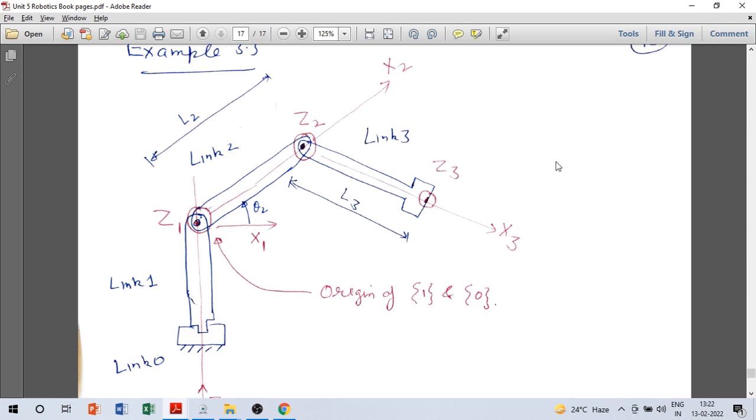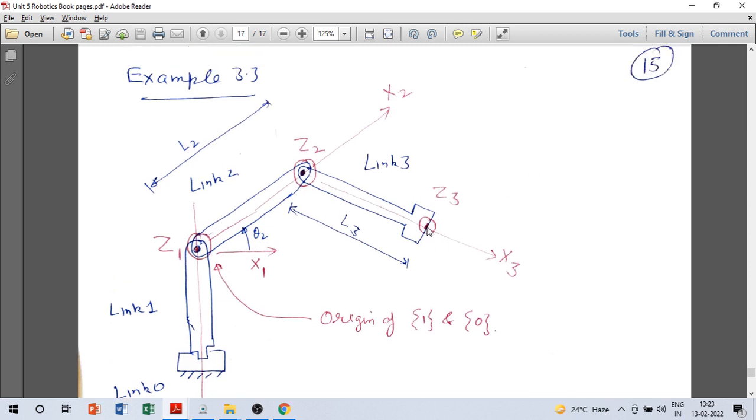Now we look at the last frame and first frame. For the last frame, first we assign z3 as parallel to z2. That is how we do it always. z2 is coming towards us, so we make z3 also come towards us. For the assignment of x3, we know x3 will be along the perpendicular to z2 and z3.